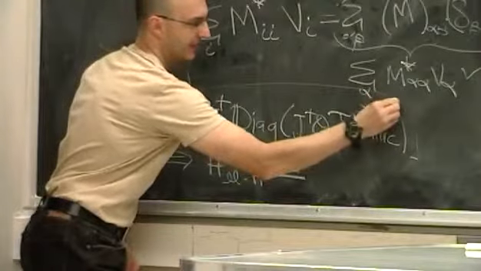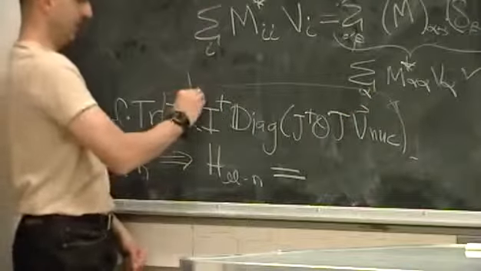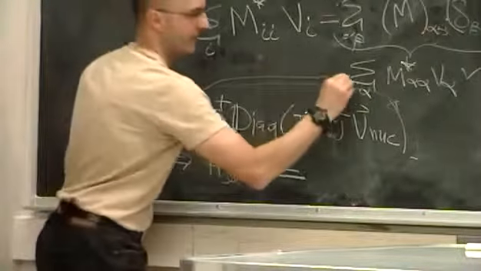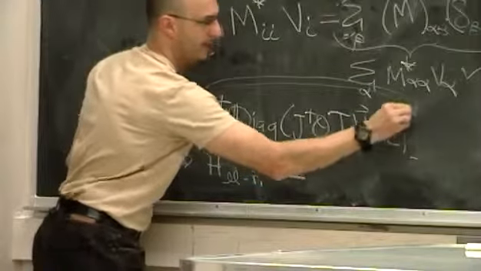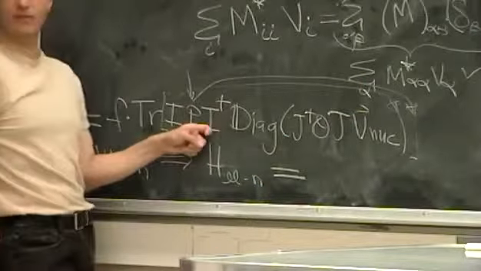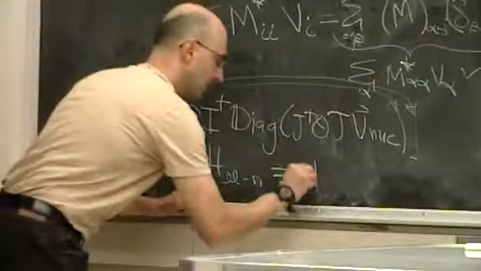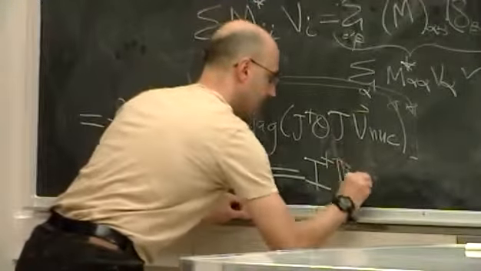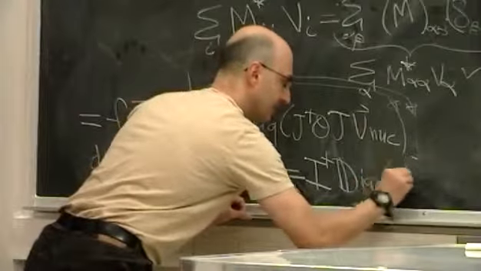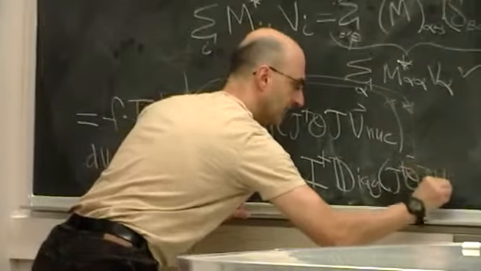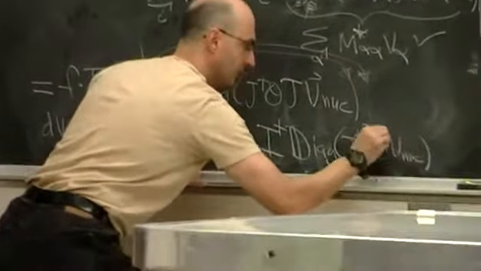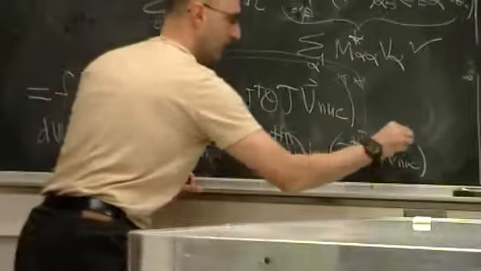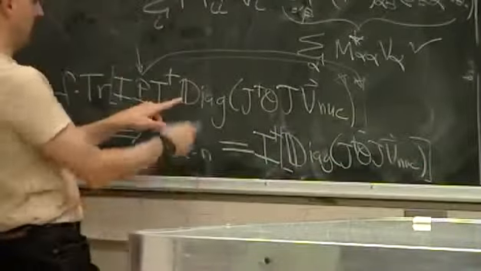So I'll be sitting there. Then this one I will peel off. And then my P will be on the end. And what's left will start off with I dagger. Right? So I dagger, diag of whatever this thing is, J dagger OJV nuke. It's clearly some representation of the nuclear potential times I.